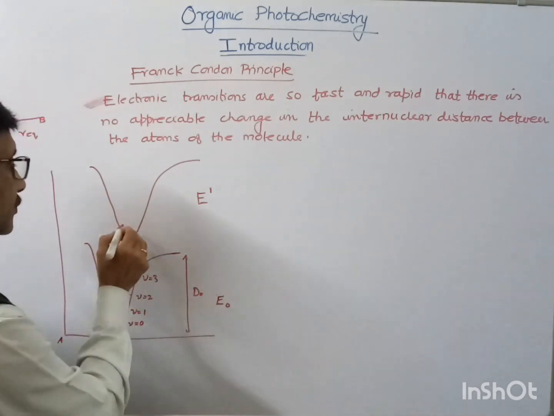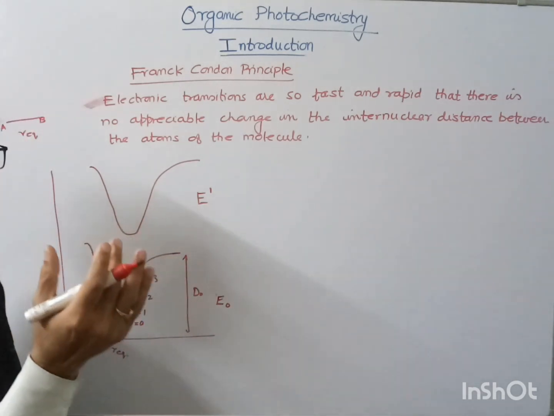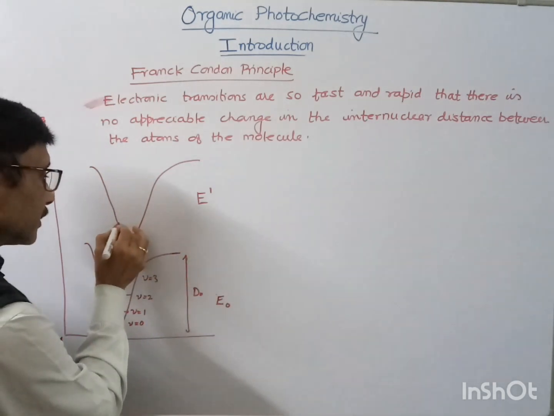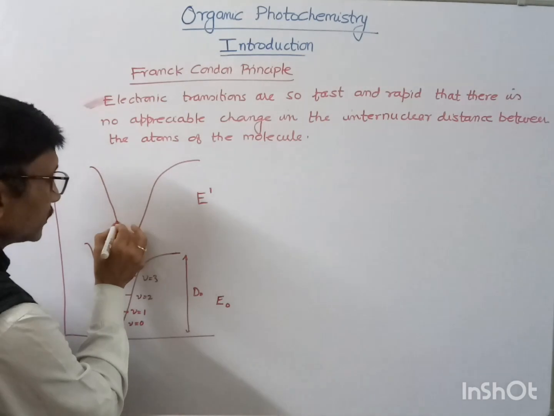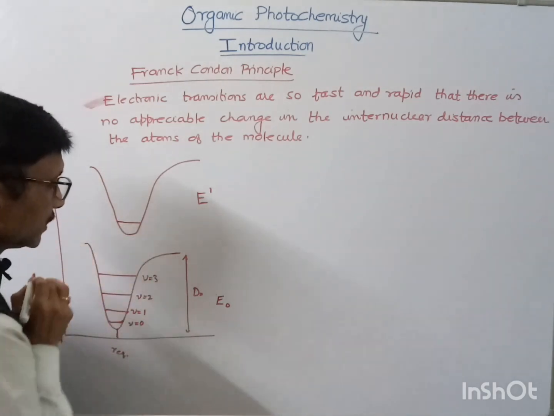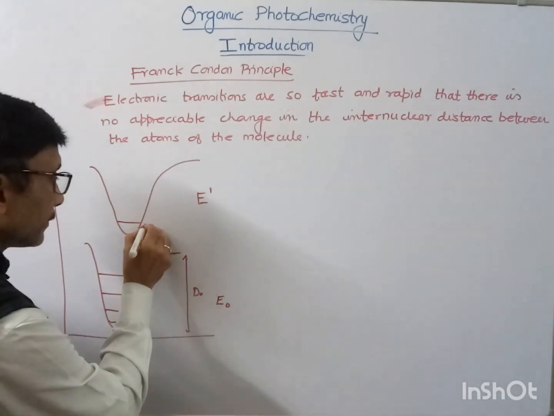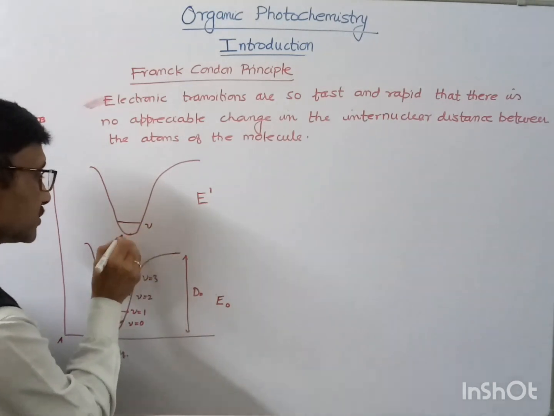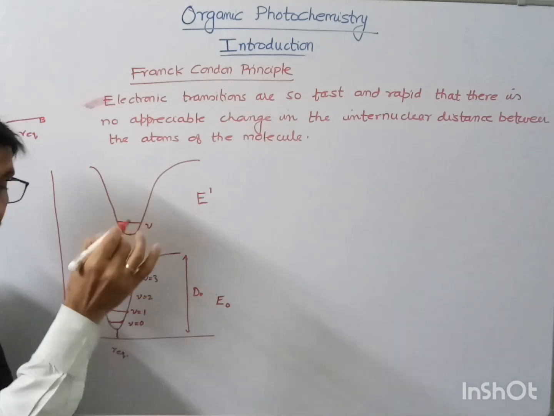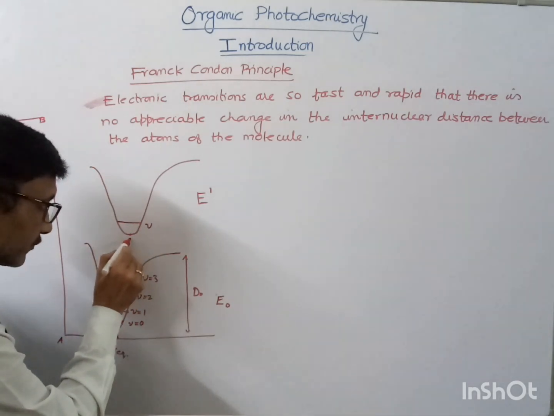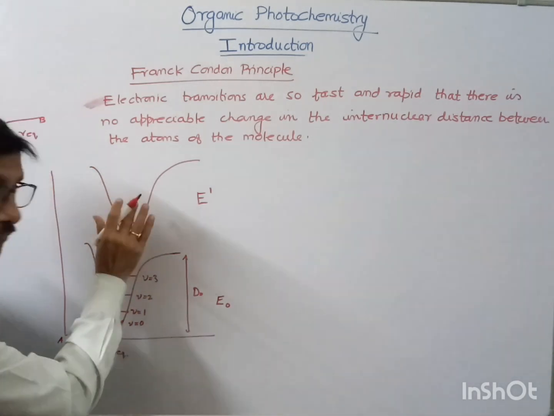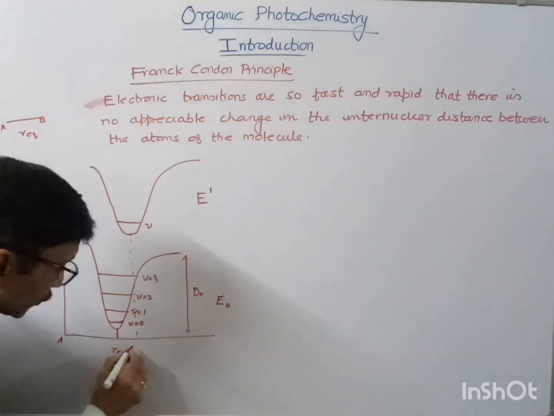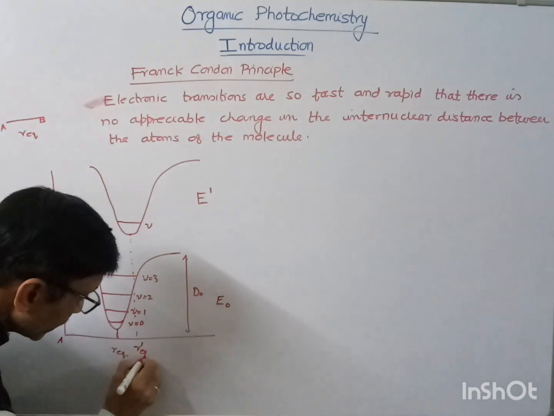Here, after going to the excited state, the molecule is in a vibrational excited state. Suppose this is V0, a vibrational state, and this is again the internuclear distance. According to this figure, the equilibrium distance will change from R equivalent to R dash equivalent.